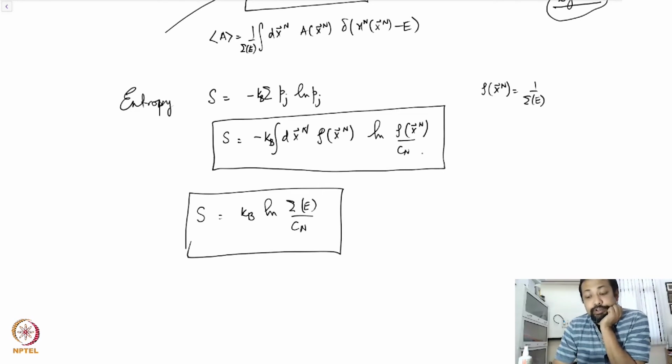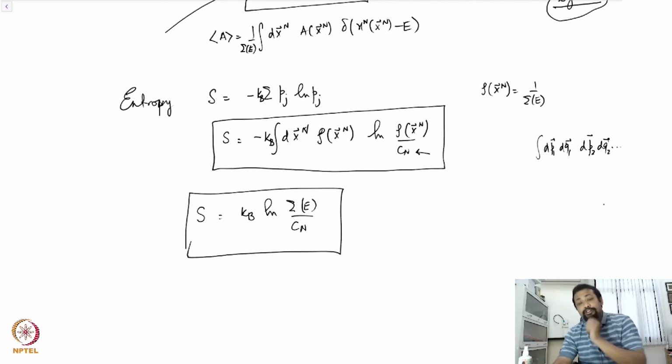The reason we have introduced a Cn factor here is because this surface area is dimensionful, since it has dp1, dq1, dp2, dq2, and so on, and we shall later see what Cn is going to be.